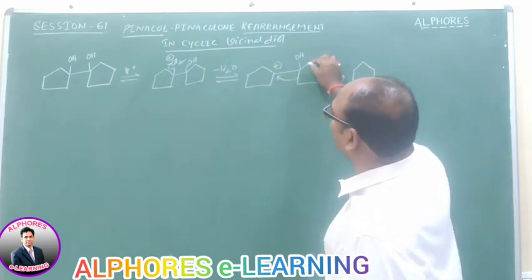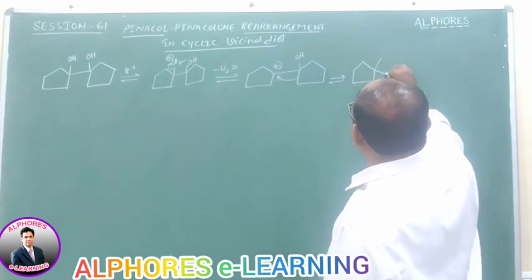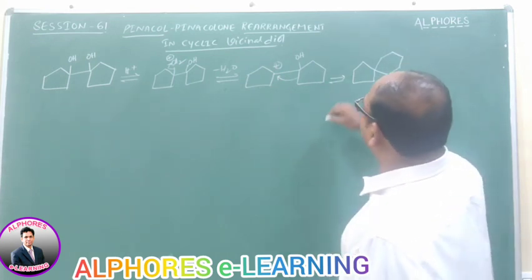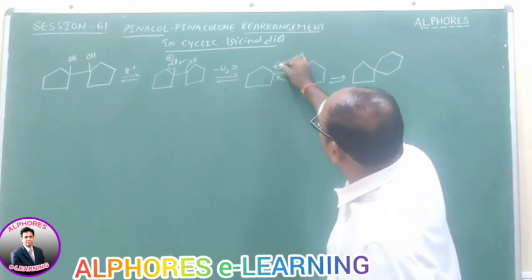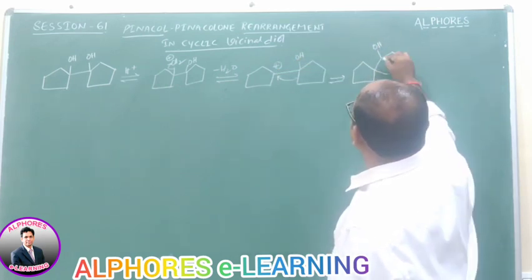That means a bond forms between these two carbon atoms and there will be a 6-member ring here. With respect to this carbon, the next carbon consists of OH, and this carbon consists of OH.